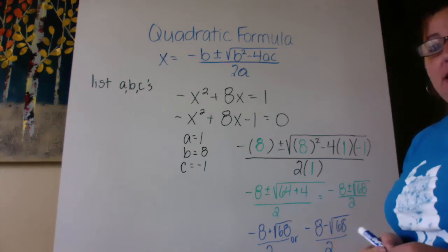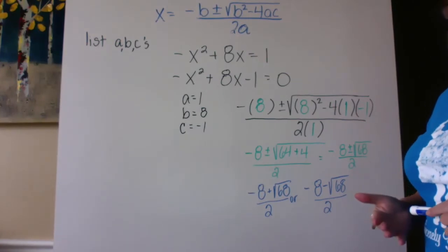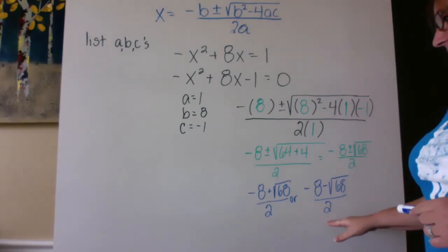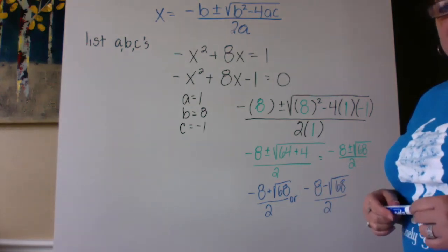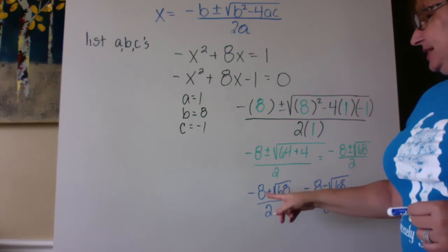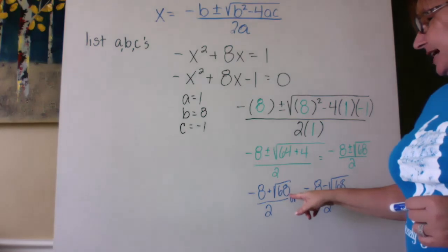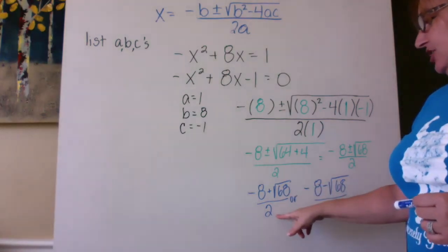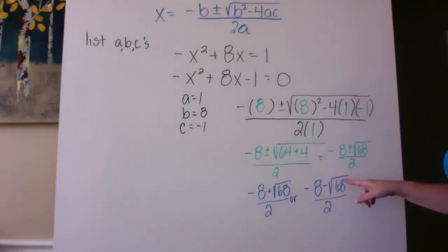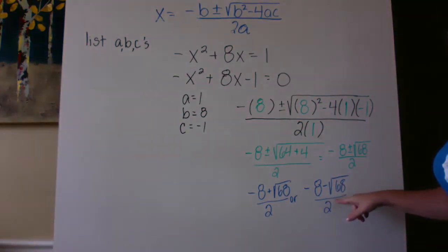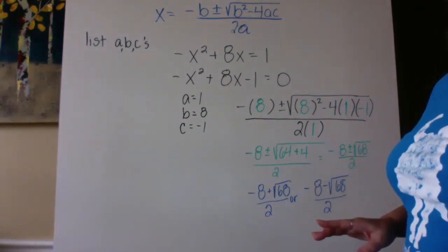So depending on how they're asking for your answer, you might be able to leave it just like this, or they might ask you to actually find the square root of 68. If that were the case, you would say -8 plus, and you would find the square root of 68, hit enter, and then divide by 2. And then you would put -8 minus, hit the square root of 68, enter, divided by 2, and you'll get 2 different answers. I'm good with leaving it here.